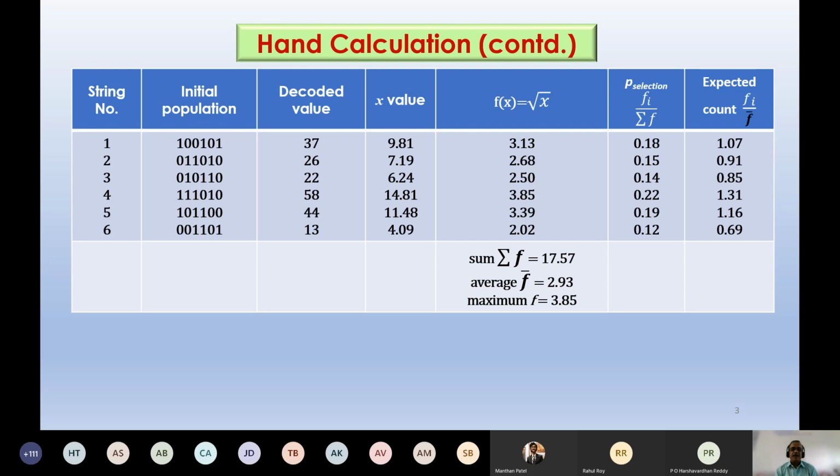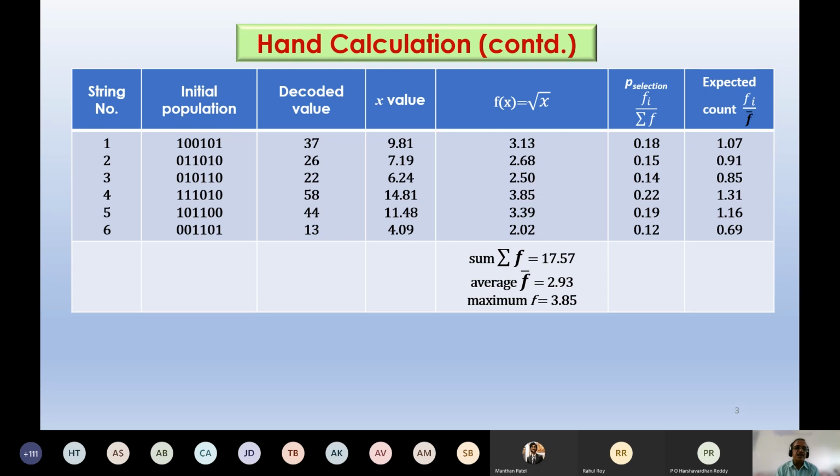Now here, the reproduction scheme which I am going to use is the oldest one, that is proportionate selection or the roulette wheel selection. And the crossover which I am going to use is a single point crossover. And I am going to use bitwise mutation with a small probability, say 0.03.